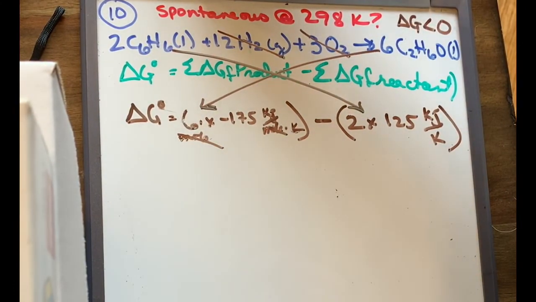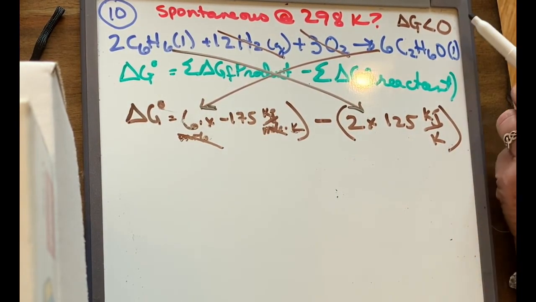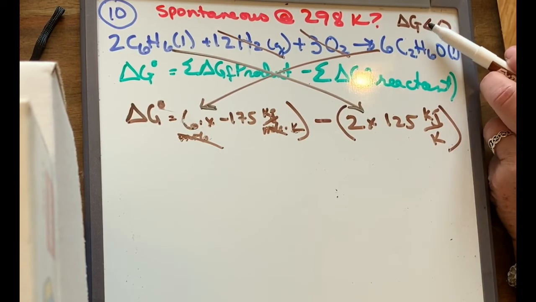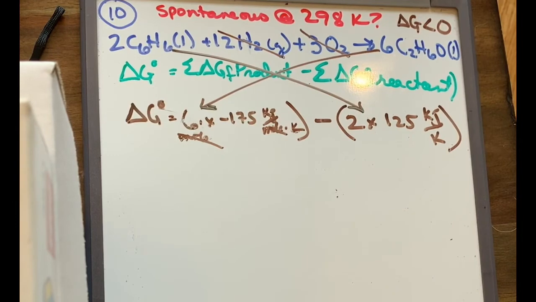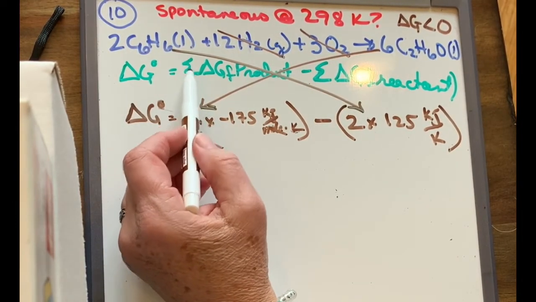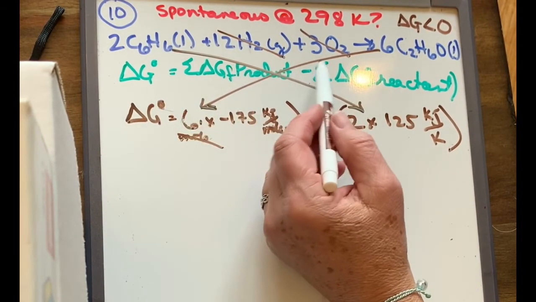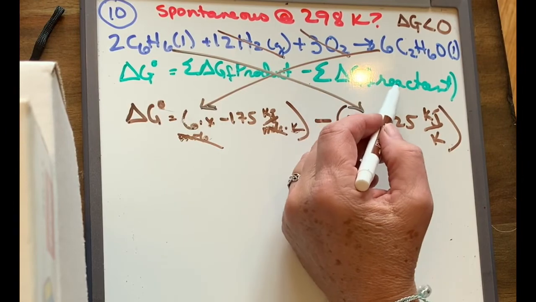The question is, is it spontaneous at 298 K? We need to remember that in order for something to be spontaneous, delta G has to be less than 0. So we're basically going to find delta G. We know our formula: delta G equals the sum of delta G formation of products minus the sum of delta G formation of reactants.